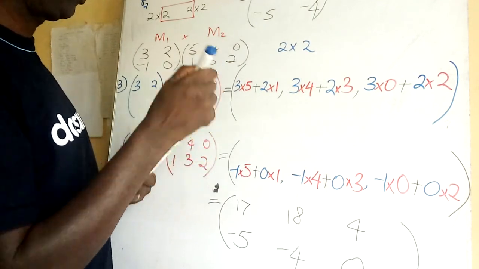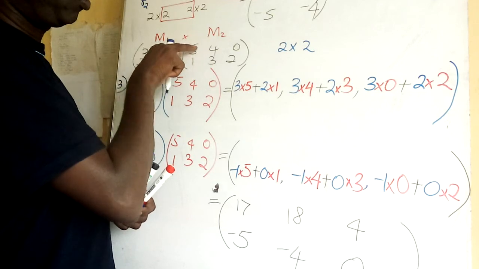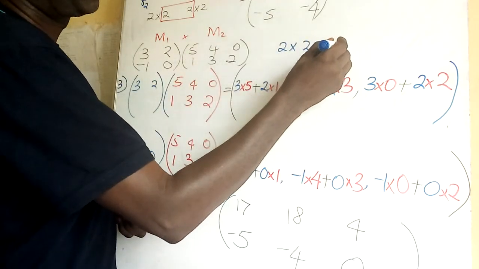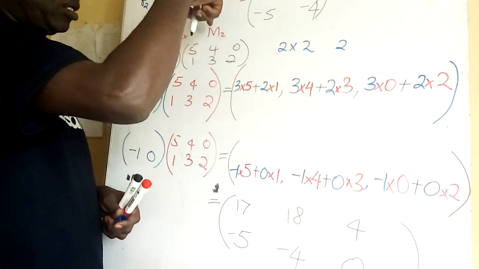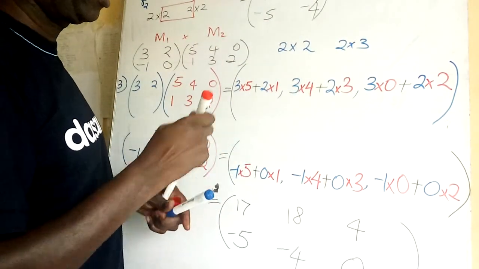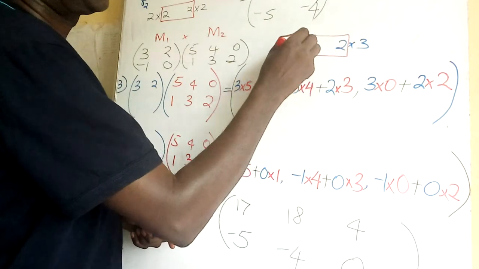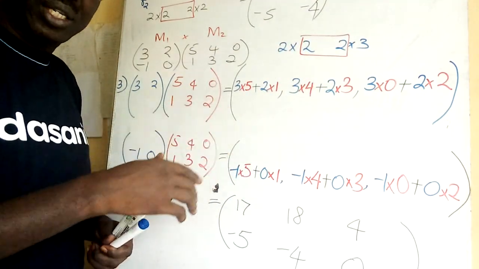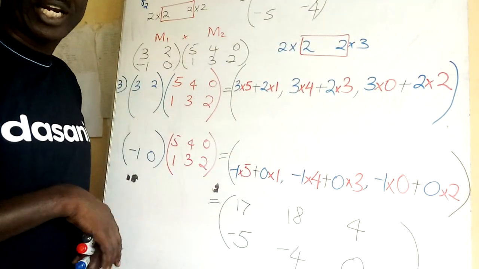Then I have rows 1, 2. Columns 1, 2, 3. Then inner numbers. Once they are the same, it means this can be multiplied.